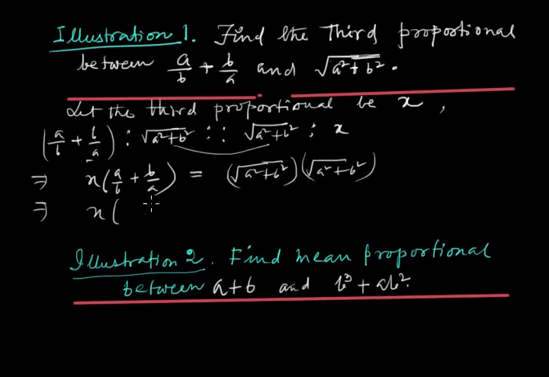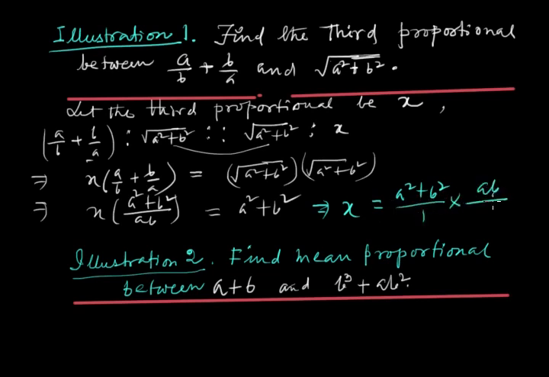If you simplify that, the LCM is AB, so A square plus B square over AB into X equals A square plus B square. Now we need the value of X. So X is equal to A square plus B square into AB by A square plus B square. The result comes by cancellation of A square plus B square. So the third proportional is AB.